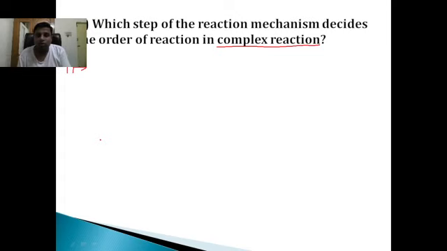We write the rate of a complex reaction for the slowest step, isn't it? That is why we call the slowest step the rate determining step. Which step decides the order of reaction in a complex reaction? The slowest step.